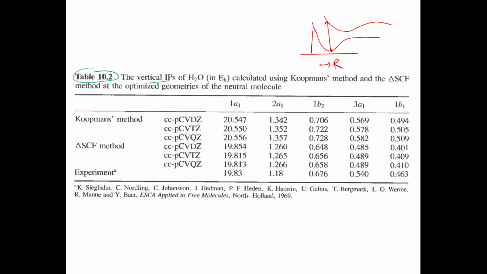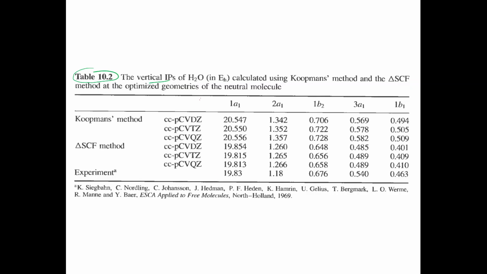And what about the adiabatic ionization potential? You take the lowest point here and the lowest point here, and this difference is called the adiabatic. But here the reported value is the vertical energy.